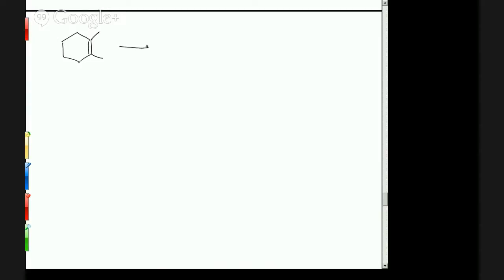Let's do this one. The product from this is not just the selectivity that we have to worry about, but it's actually also the stereochemistry.